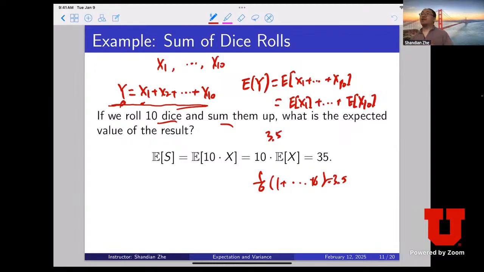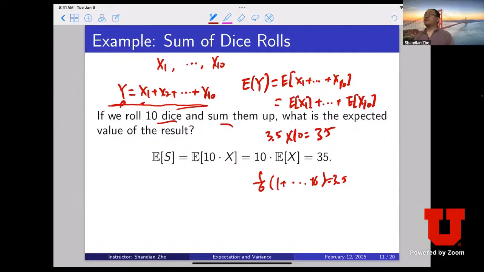You just add 10 such expectations, which means you multiply the same expectation by 10, which gives you 35. Does it make sense? Any questions?